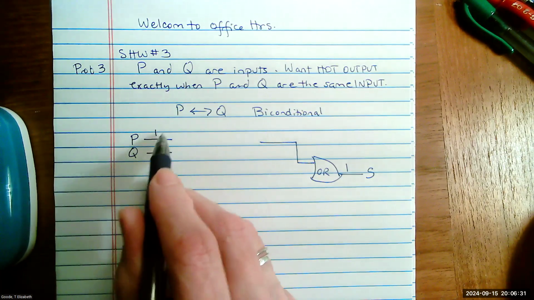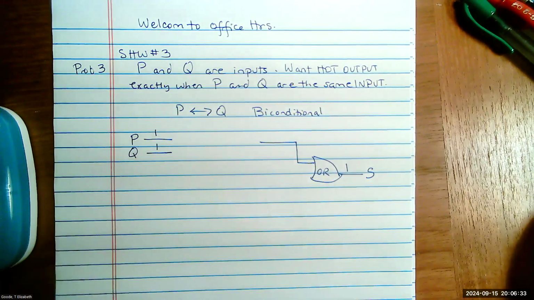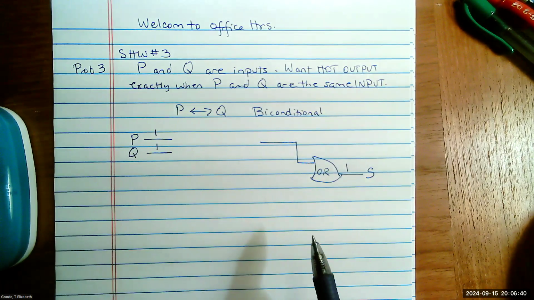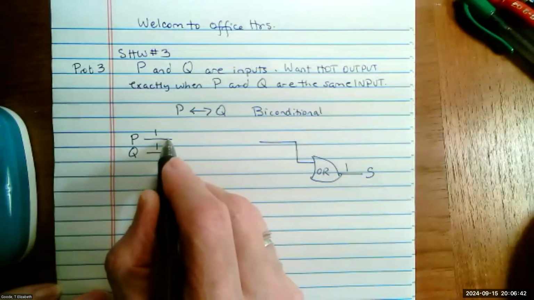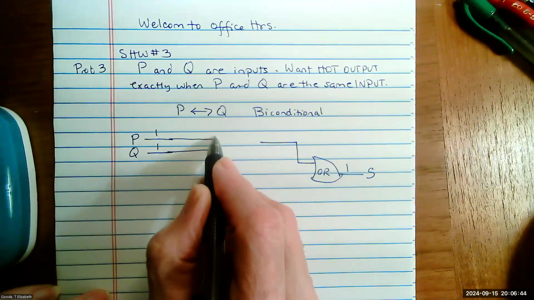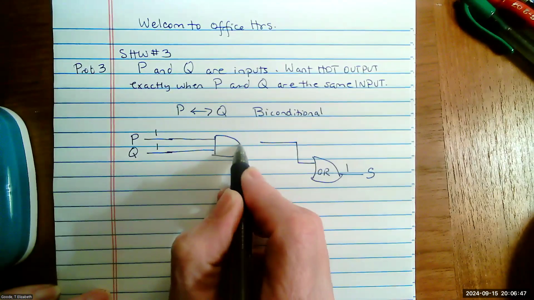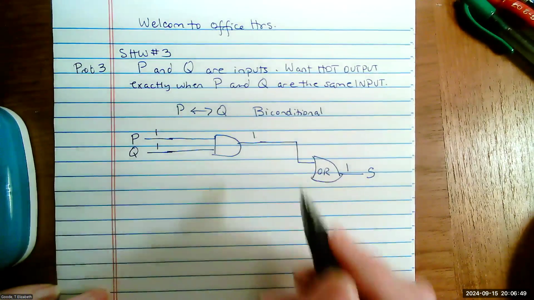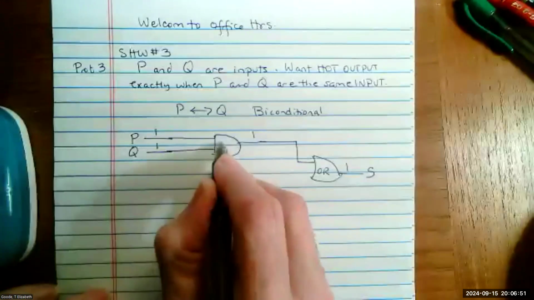So what tests for these both being hot? What gate tests for both P and Q being 1? I was thinking it was AND. It is. An AND gate will give the hot output here, right?